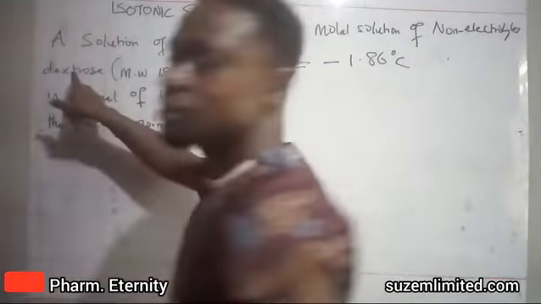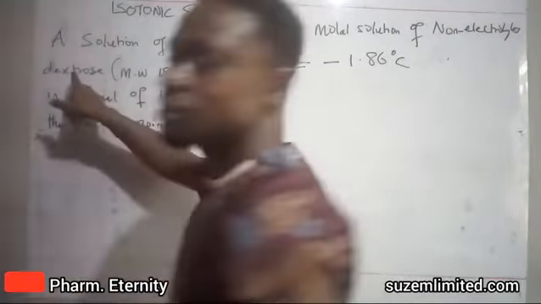It's not an electrolyte, it's a non-electrolyte. So a molar solution of this dextrose gives you minus 1.86 degrees Celsius freezing point. Now let's see what they have given us.